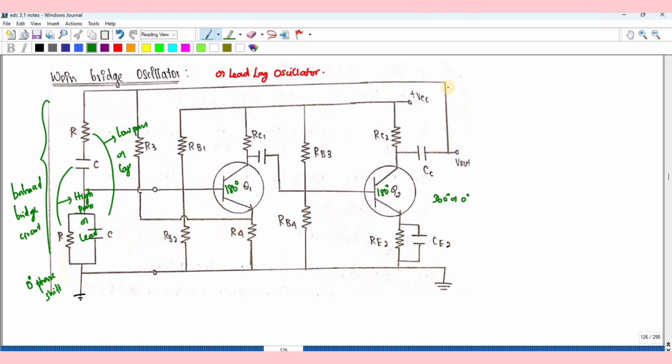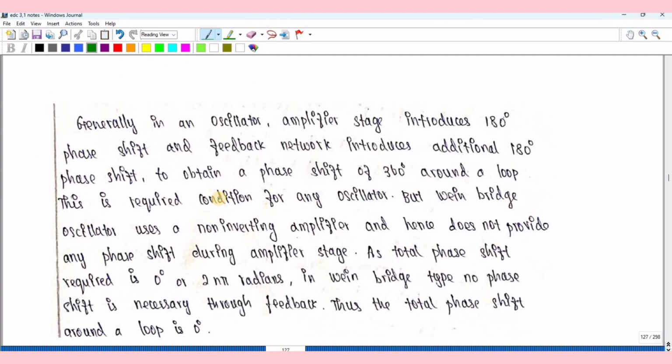This is connected as feedback. You can see the output is connected to the input of this balanced bridge network, and this output is connected to the input of the amplifier. Generally in an oscillator, the amplifier stage introduces a 180 degree phase shift, and the feedback network produces another 180 degree phase shift, totally 360 degree phase shift.